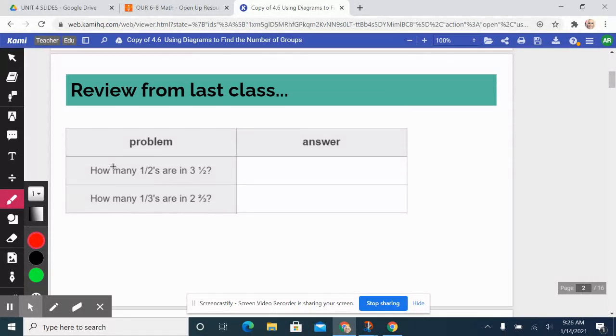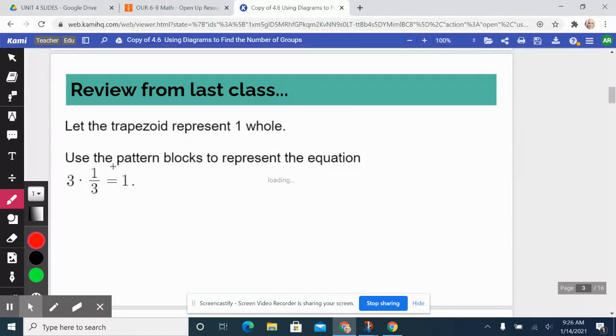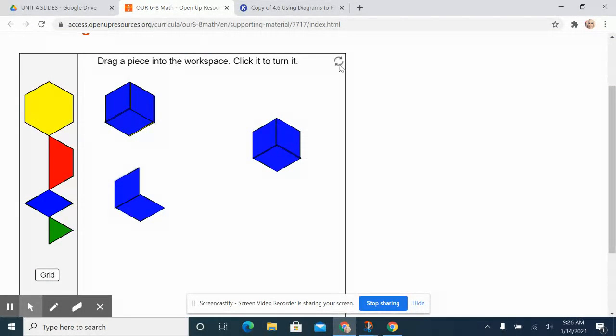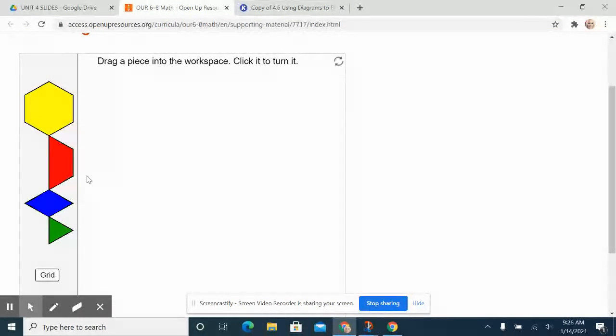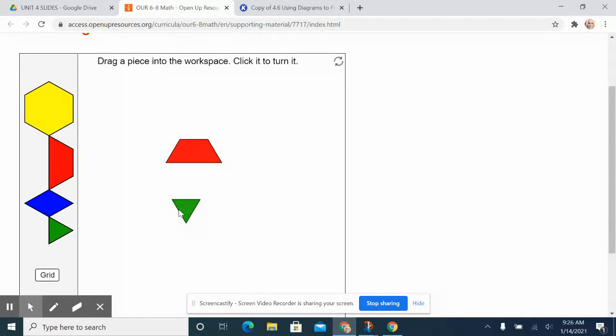Okay, so now when we get to this next one, this is going to be a little bit different because it says the trapezoid is the whole. So now we're going to use blocks to represent that. So 3 times 1/3 makes 1. So now my whole is this. Okay, and I need 3 of something to fill up a whole.